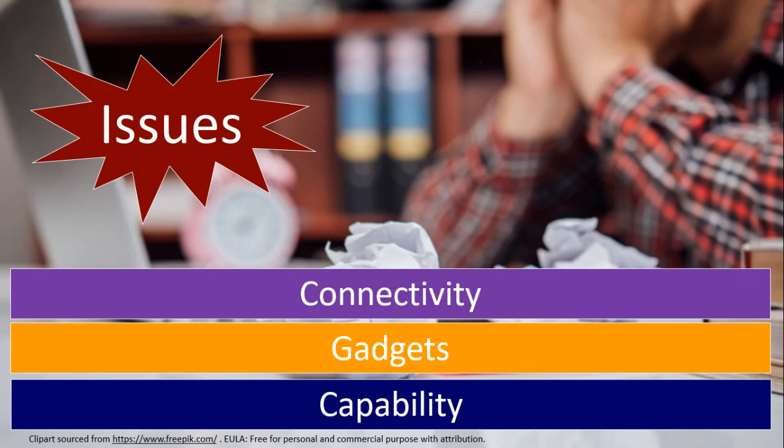So it was taken into consideration that when we plan for lessons and curriculum delivery, at the back of our mind, we always have to keep in mind that it has to work using a cell phone or a smartphone.